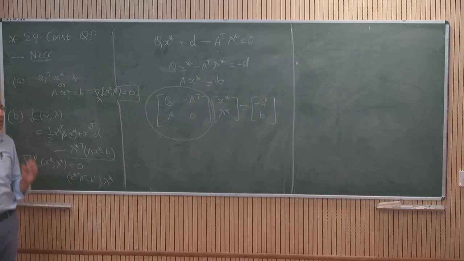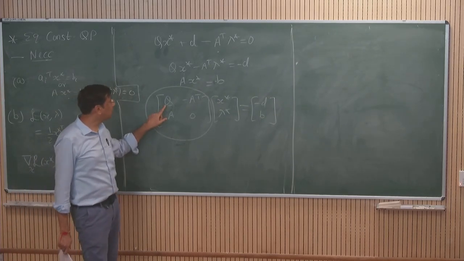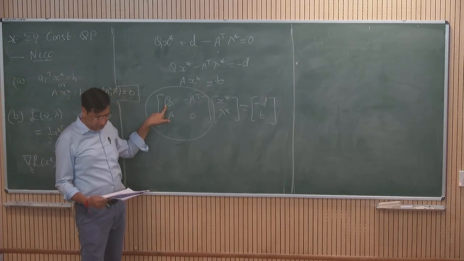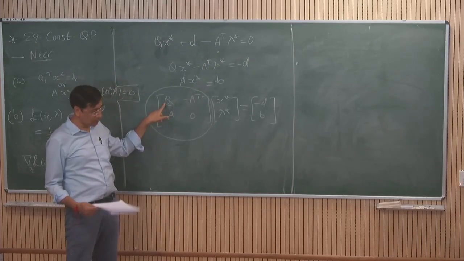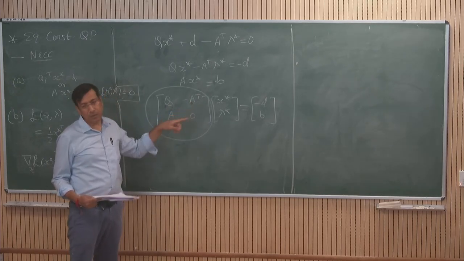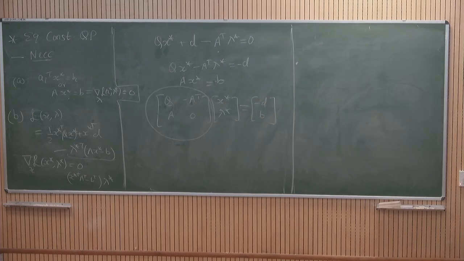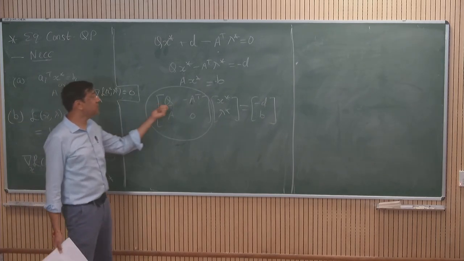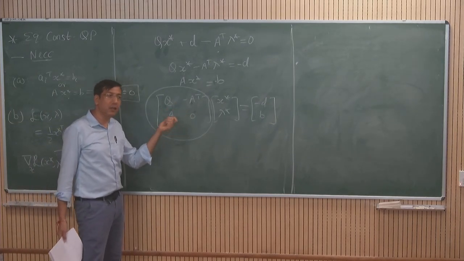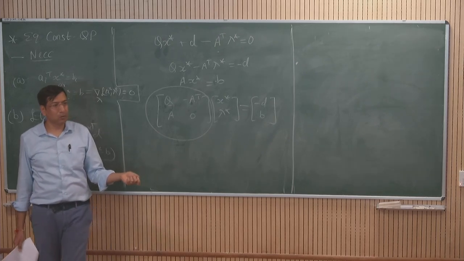So the lemma says that if it is positive semi-definite over the null space of A, let A be full row rank, and Z is given by the null space of A. So if you can find the null space of the A matrix and prove that Q is positive semi-definite over that space and A is full row rank, then also it will be invertible. You getting me?